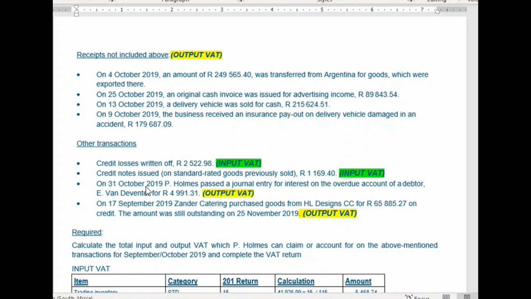Okay, now it says, on 31 October, P Home passed a journal entry for interest on the overdue account of a debtor. Okay. It's like an income. Now I know that you know that there is no VAT applicable on interest. But I'm going to show you how for now we have to say it is an output VAT.